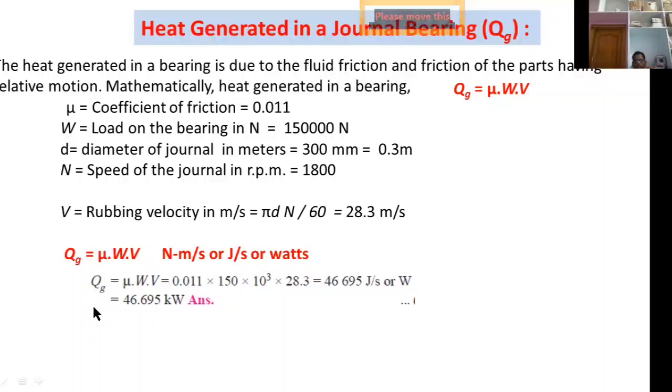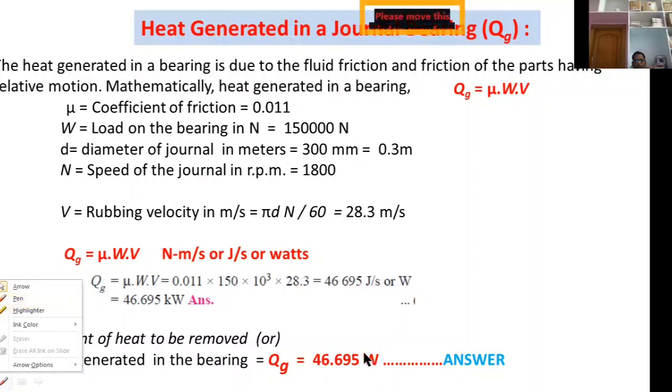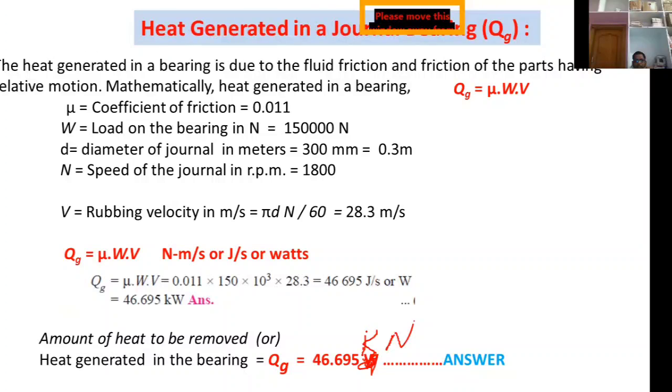That's why the amount of heat to be removed is 46.695 kilowatts. This is in kilowatts. This is the final answer. This is our required final answer. This problem is completed.